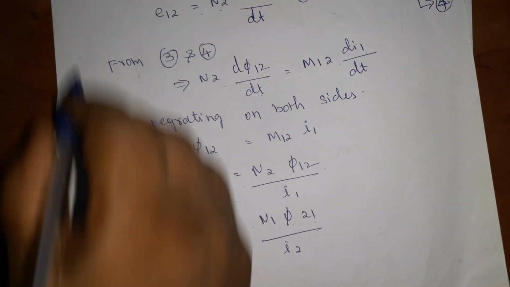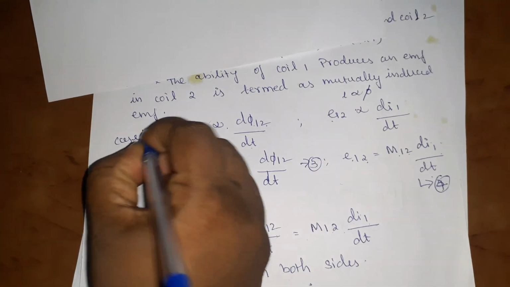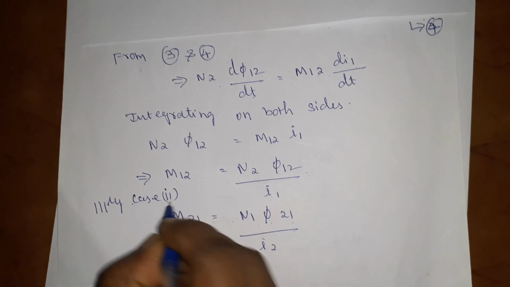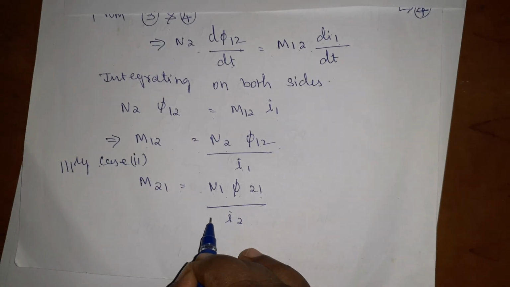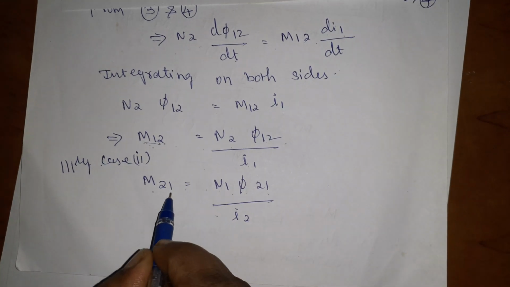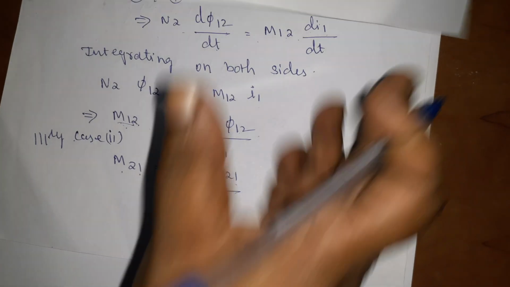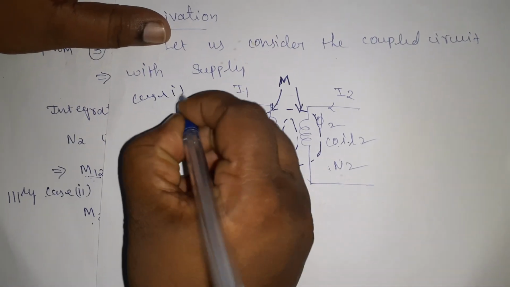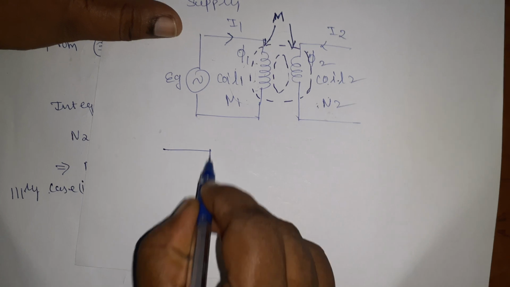This one is case 1. For case 2 you get this answer, but here it is M21. You draw the circuit like this. This is the case 1 circuit, and the case 2 circuit you draw like this.